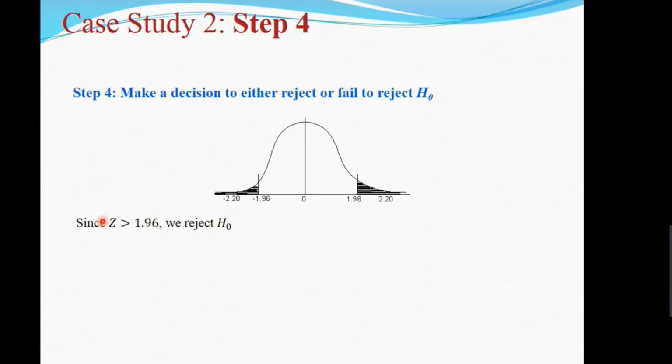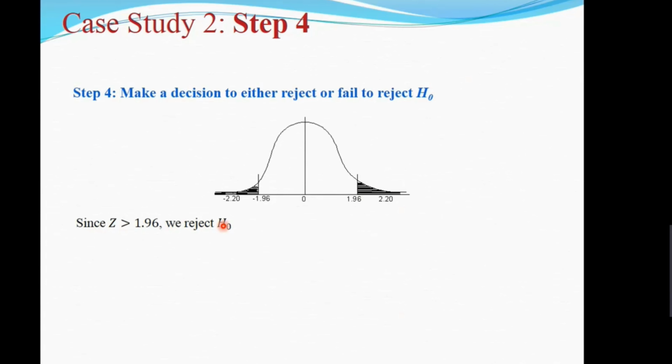That means it lies here, in this region. This is the rejection region, and the inside is your acceptance region. So z lies in the region of rejection.